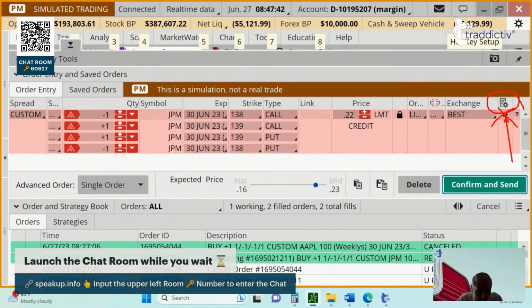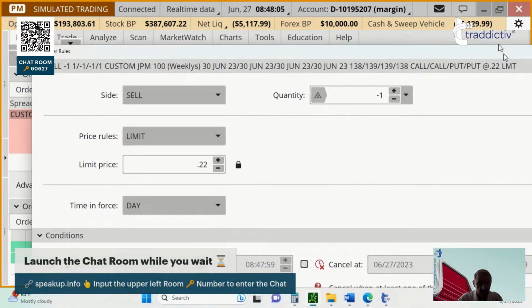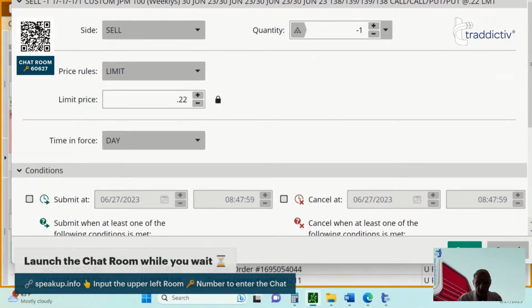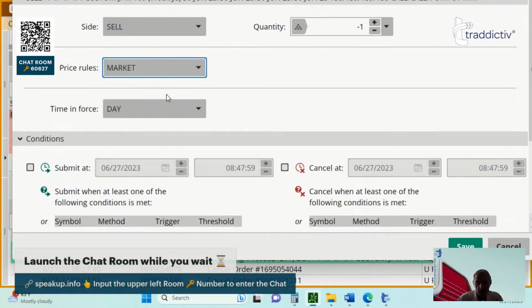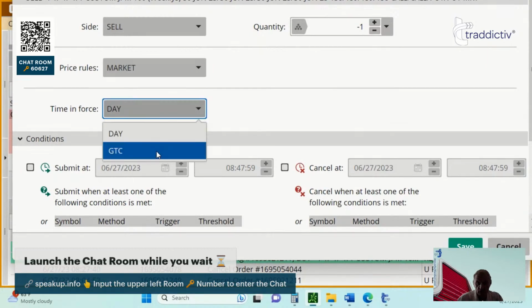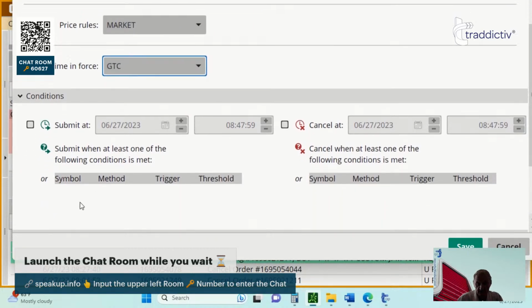But if you just hover over that lower one, then you will have the ability to get this additional screen that I'm going to drag into here that you will need to adjust, right? So from here you can adjust everything, so you don't need to do it twice. So it's a market order, good till cancel, and then over here it doesn't say anything until you actually click on it.